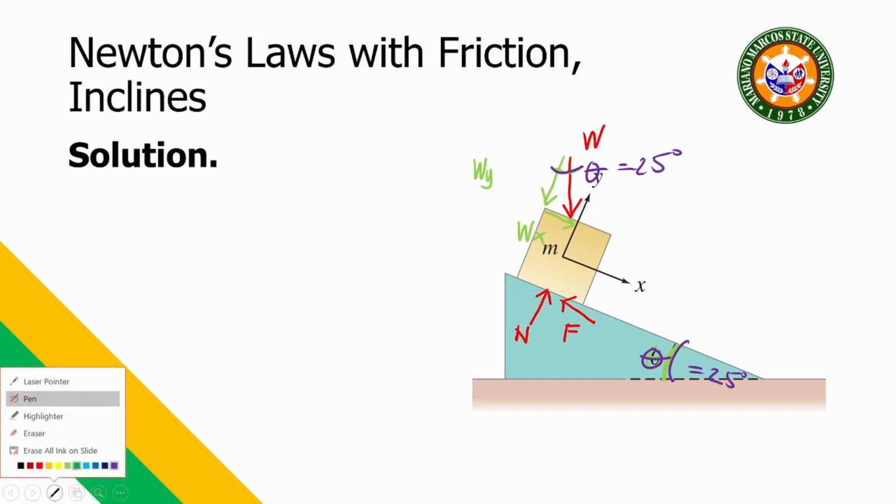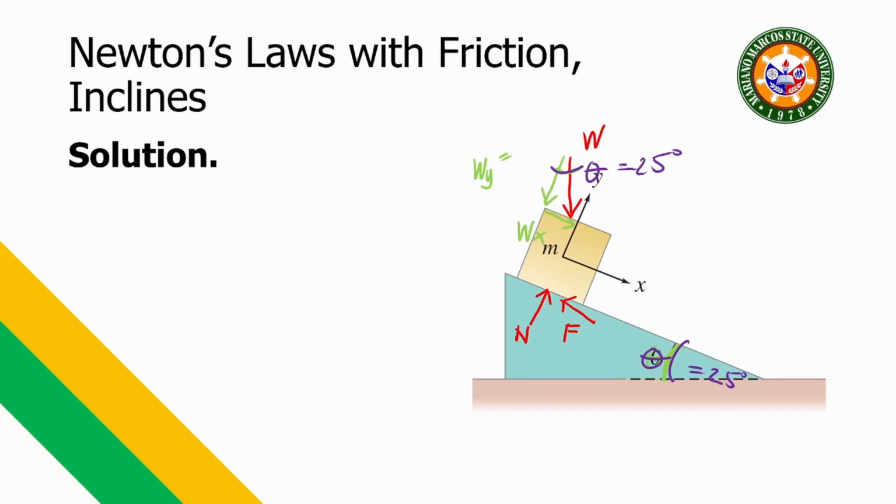Now that we know that angle, we may take a look at the components of this W. W_y will be equal to, since this is 25 degrees and this red one is our W, W cosine of 25 degrees, since it is adjacent to the angle. And our W_x will be W sine of 25 degrees, since it is opposite our angle. So those are our components. Its movement will be along the incline.